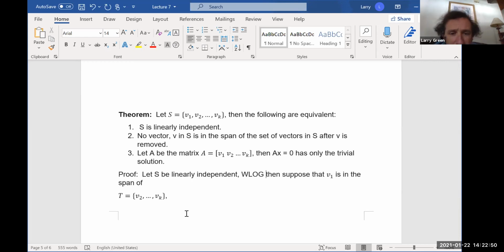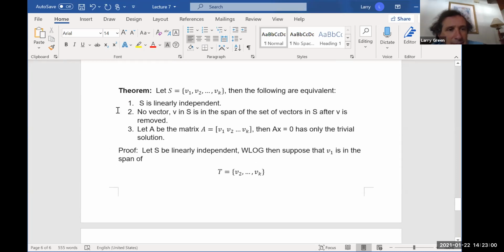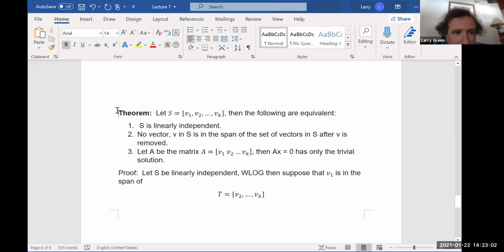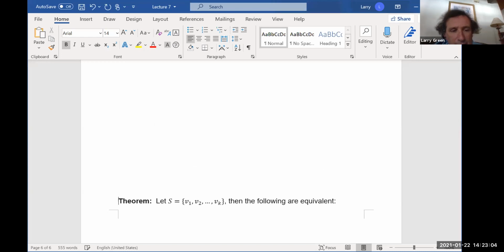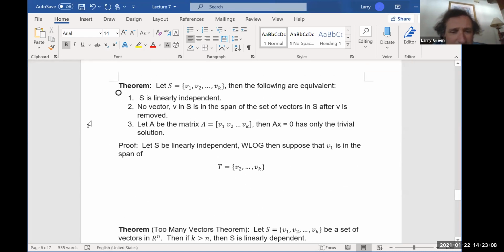So let's suppose that V1 is in the span of this T. What does it mean to be in the span?